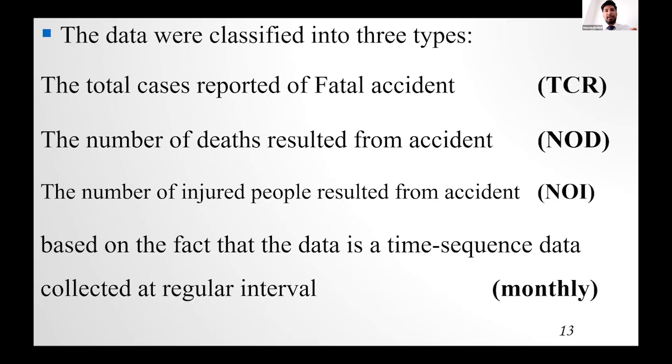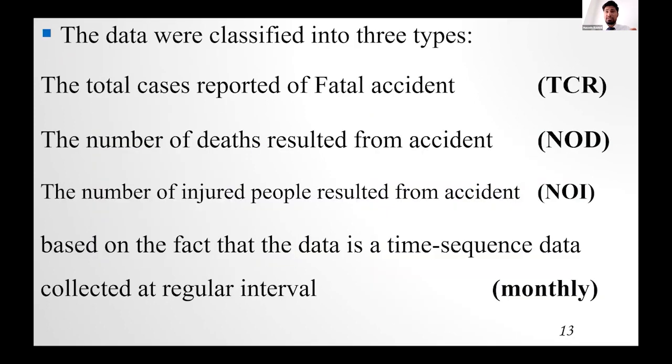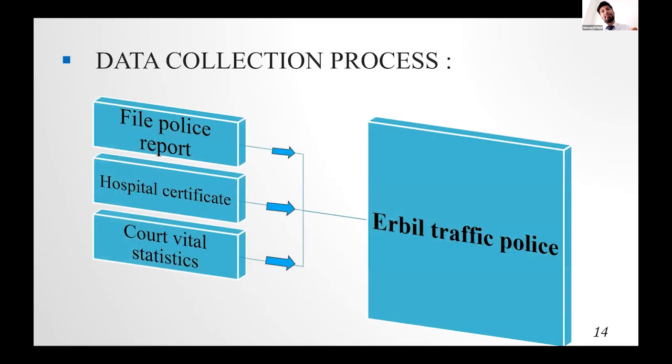So I made some symbols for my paper: number of accidents, number of people injured, and number of people who died in these accidents. Then this is my procedure for collecting data and having a little bit accurate data in Iraq. We have 3 sources of data.